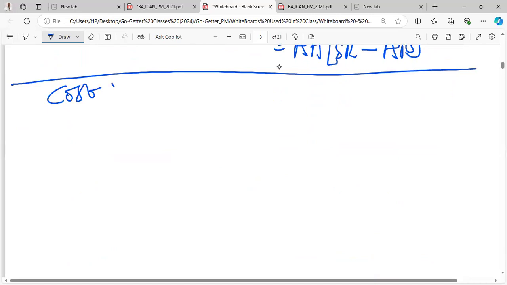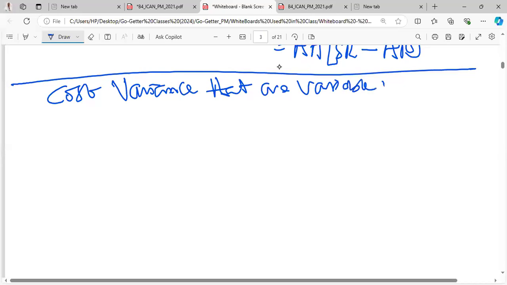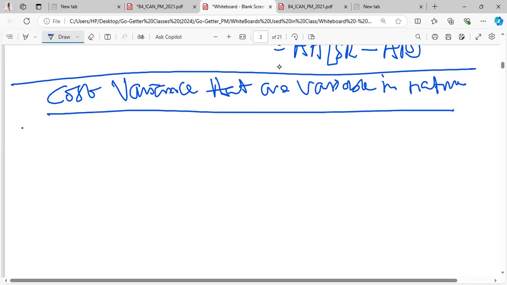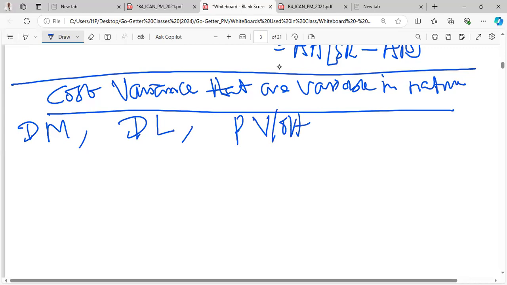Cost variances that are variable in nature. We have direct material, we have direct labor, we have production variable overheads.